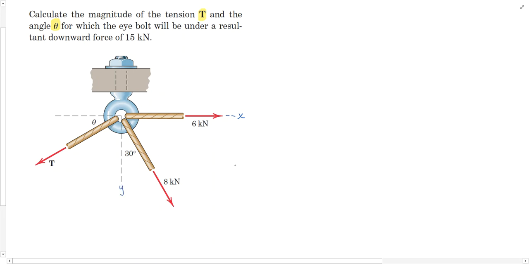With those axes in place, we're essentially trying to determine what this magnitude and angle are so that the resultant of these three forces is purely in the y direction and is directed downward with a magnitude of 15 kilonewtons. So the x component of R, which is the sum of all the forces in the x, would have to be equal to 0, and the y component of R would have to be equal to 15 kilonewtons, which is the sum of the forces in the y.